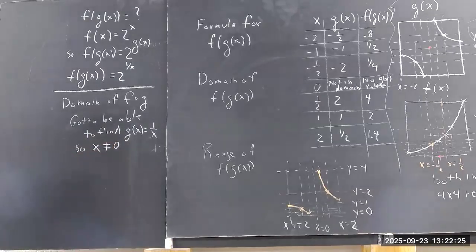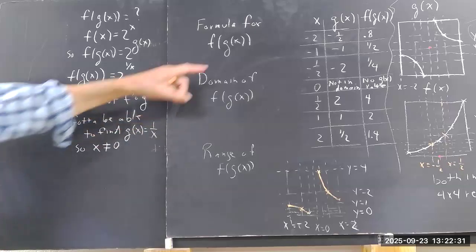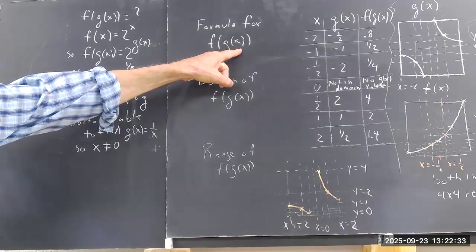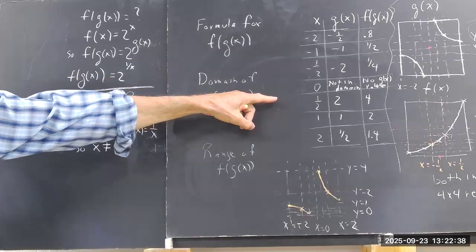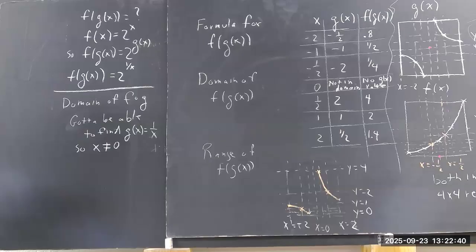So x can't be zero. Makes sense? If you can't get a value of g of x, you can't calculate f of g of x, just like we saw here. But here it is with formulas. Okay?